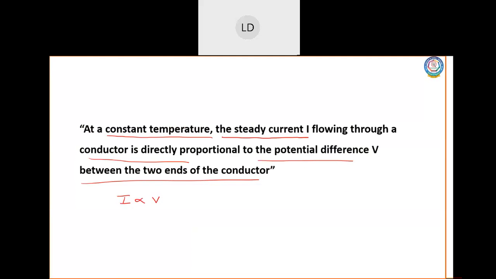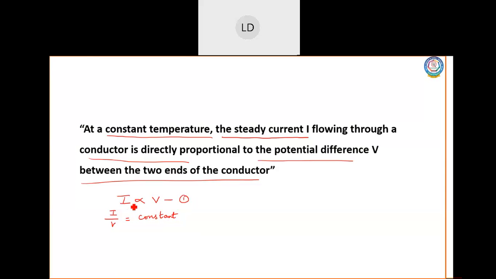Till you complete your 12th standard, this Ohm's law will be there with you. The condition you have to definitely write: at constant temperature, the steady current flowing through a conductor is directly proportional to the potential difference between the two ends of the conductor. So I is proportional to V, or I can also write I by V is equal to constant.